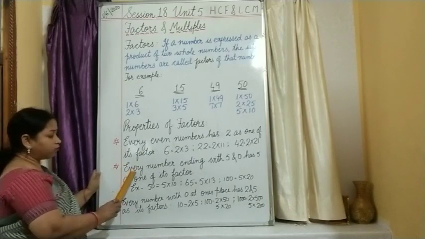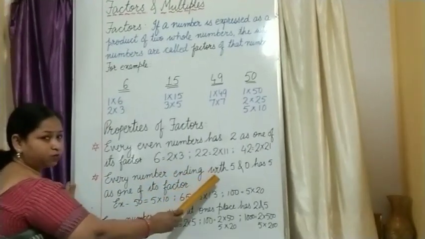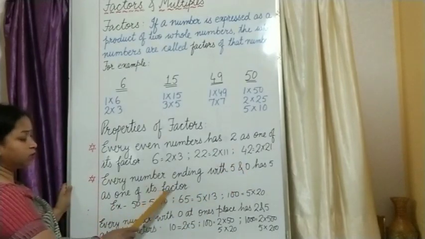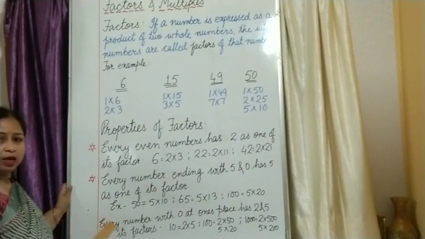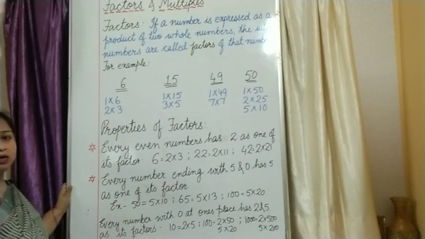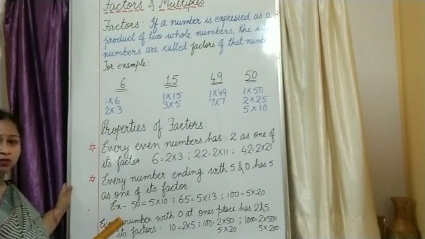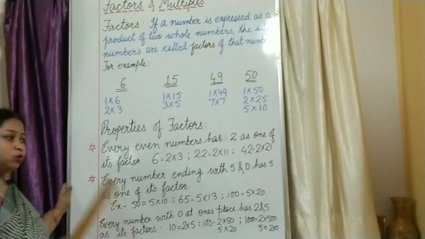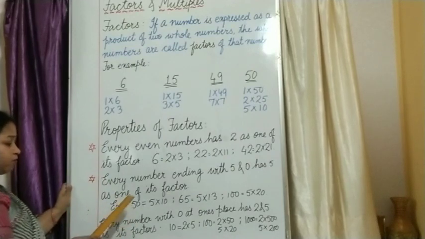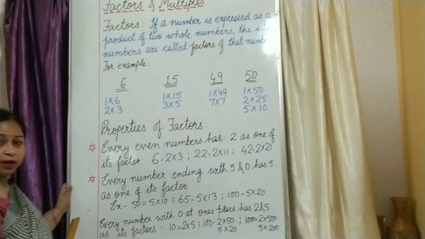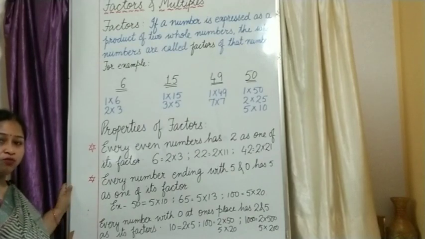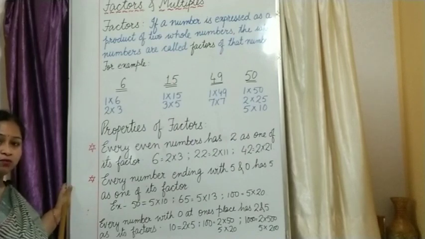Okay. Every number ending with 5 and 0 has 5 as one of its factors. You can take any number: 10, 20, 15, 35, 65, 75, 105. You will find, children, that 5 is one of its factors. That means they are the multiples of 5. If you take the table of 5, what do you get? 5, 10, 15, 20.